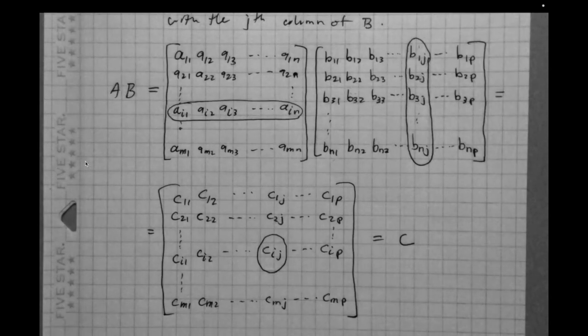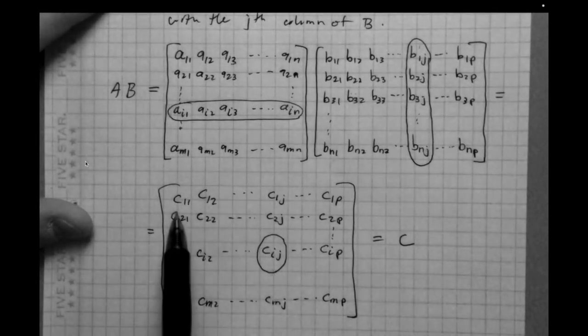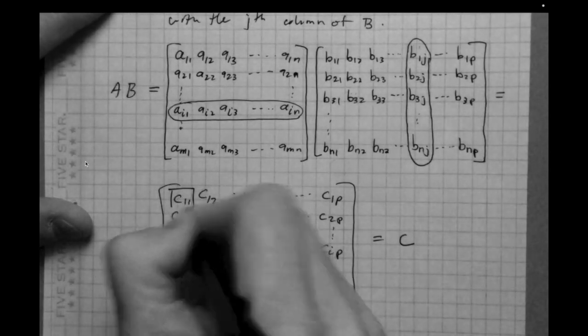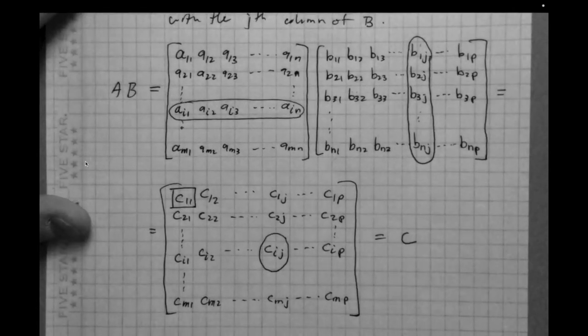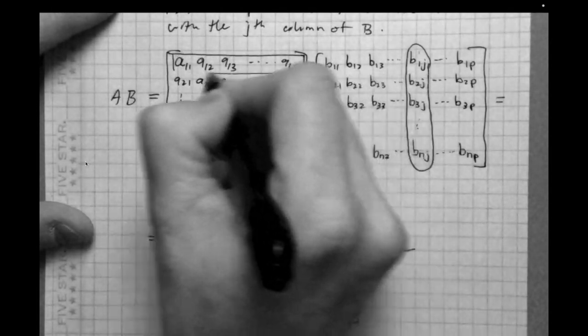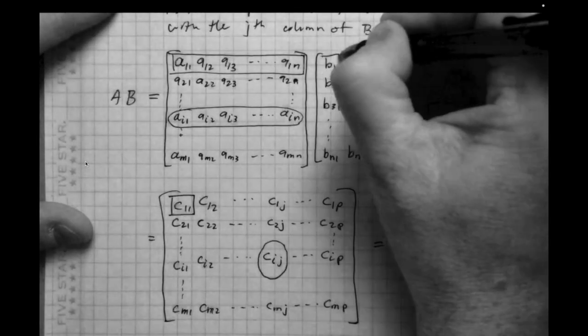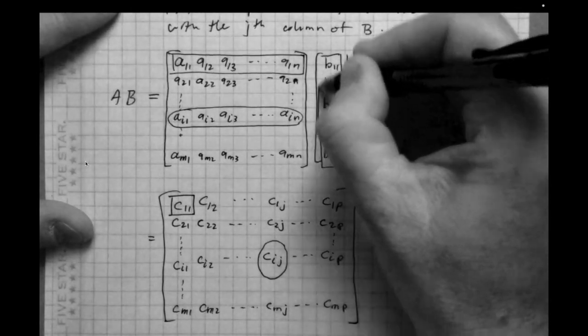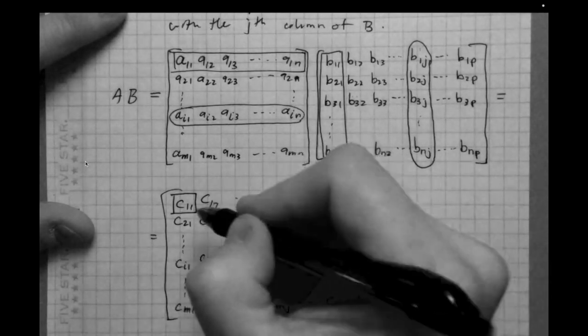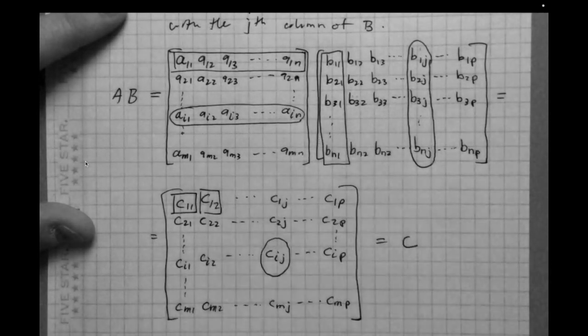Similarly, if I wanted to know what the value of C11 is, what would I do? Well, I would take the first row of A and dot it against the first column of B. If I wanted to know C12, what would I do?